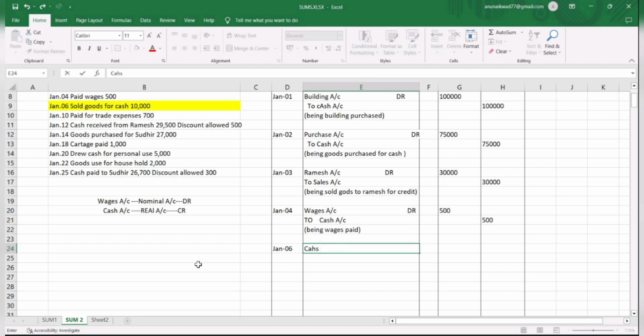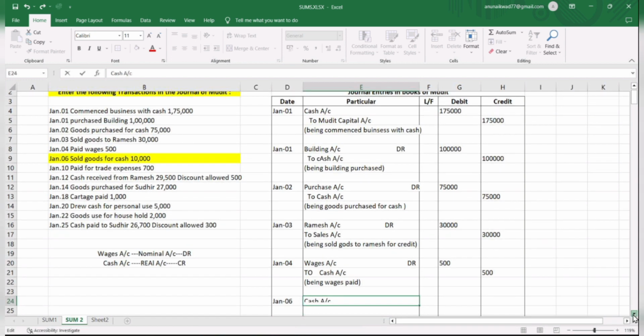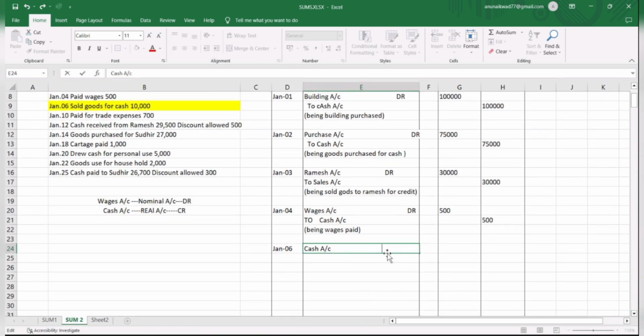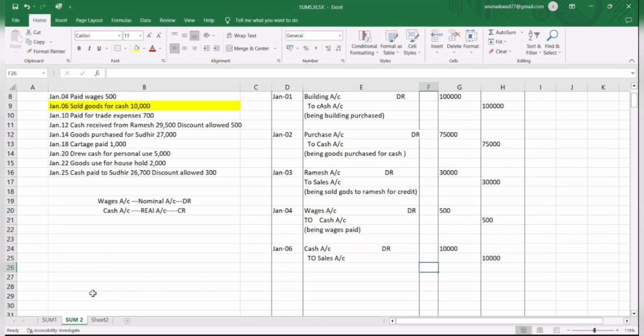We know cash account debit to sales account for rupees 10,000, being goods sold for cash.